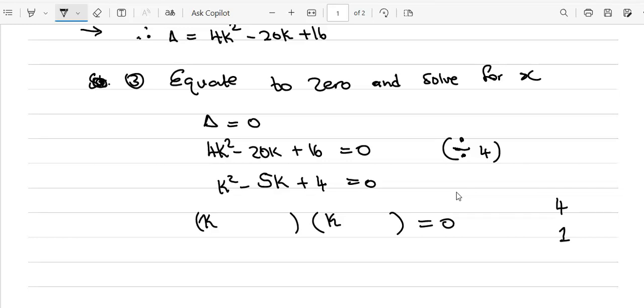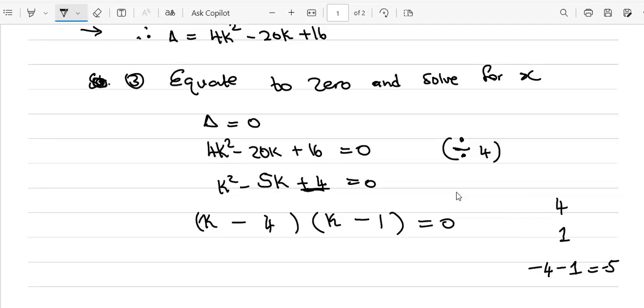Which is 4 and 1, because the best way to get the middle as minus 5 is to have minus 4 minus 1, which is equal to minus 5. So both of them should be negative because of the positive 4.